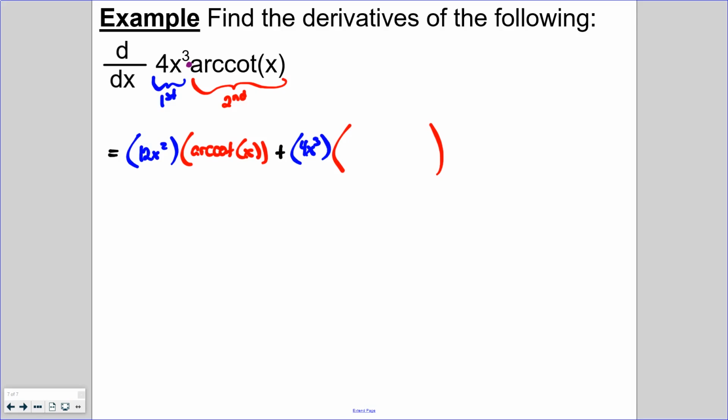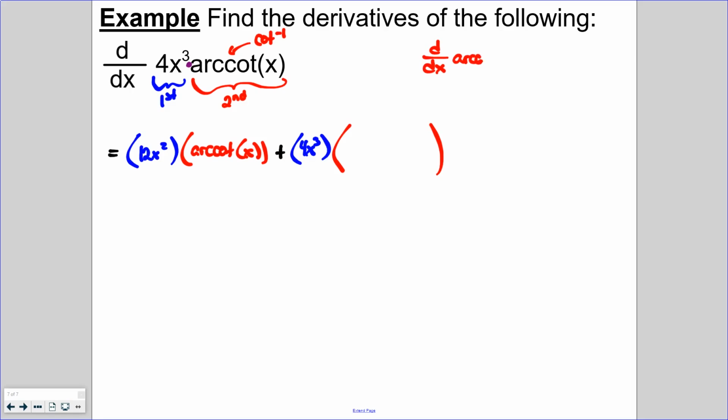Now to take the derivative of the second function, let's remember arccotangent is just another way of writing cotangent inverse. And if we remember, the formula for arccotangent is negative 1 over 1 plus the inside squared times the derivative of the inside. So again, let's just write that over here so we can see that.